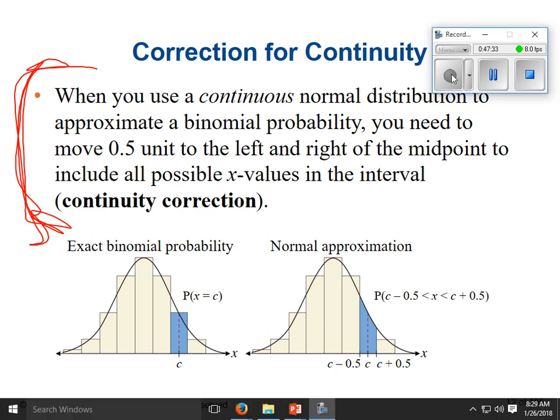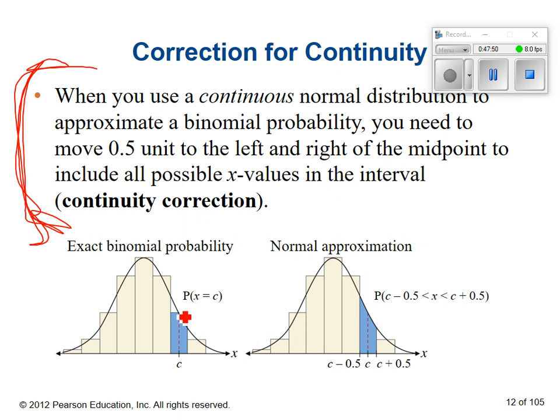To make this fit that normal curve a little better, we're going to move our low limit, whatever it is, and our high limit out a half of a unit. So now, instead of using that midpoint, let's say that midpoint right there was 10, instead of just trying to put 10 in there, because that's a really small thing, we want the whole bar.